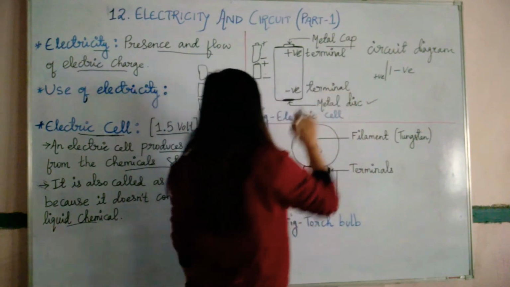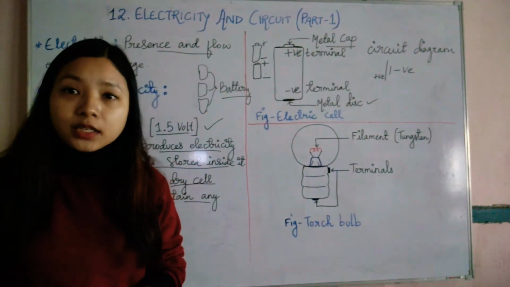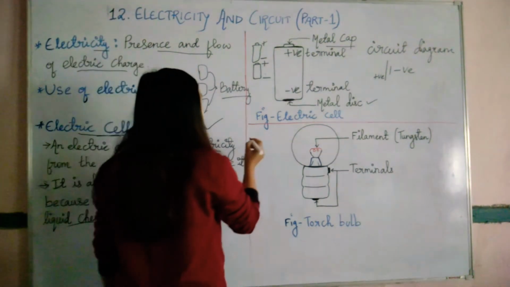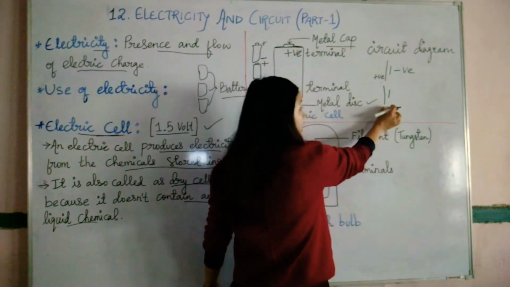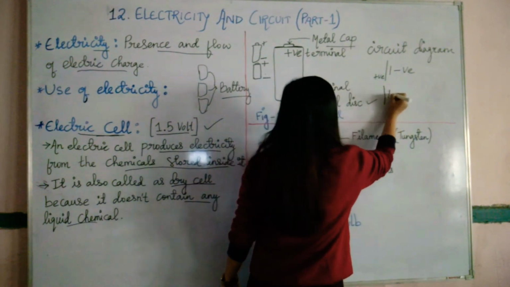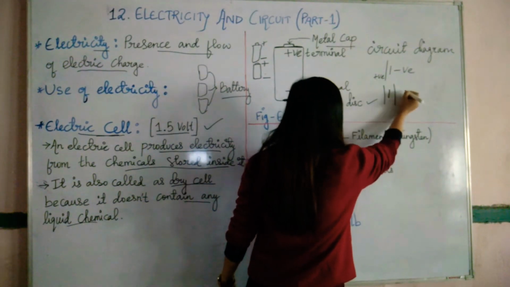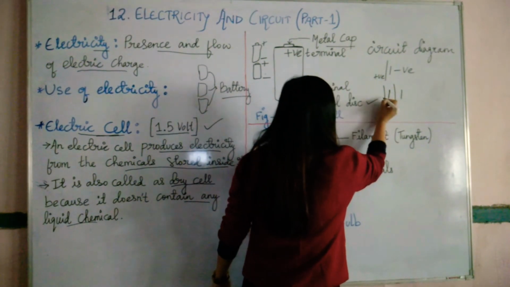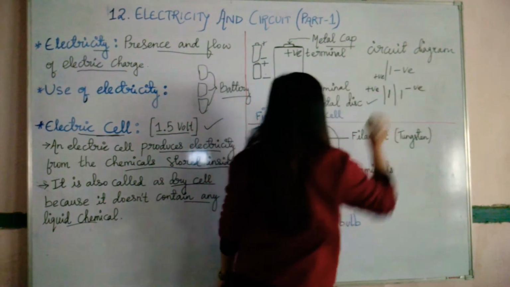So in a circuit diagram, we will write it in this way. Positive, negative. This is one electric cell. For the next electric cell, after negative, we will again put positive, that means a longer line, then negative. So this side is the positive side and this side is the negative side.